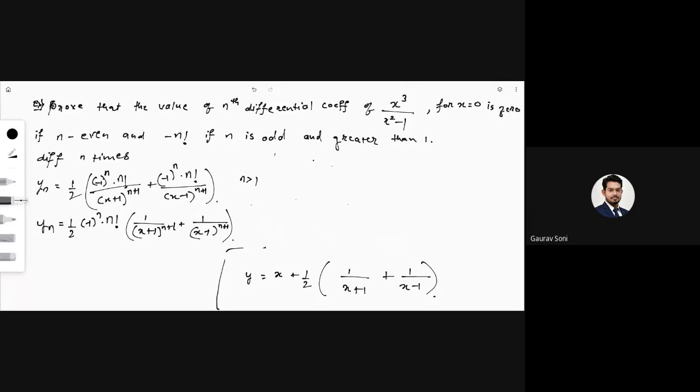So yn at x is equal to 0 is equal to 1 by 2 minus 1 raised to n factorial in bracket 1 upon 1 raised to n. No matter what this n is, this will become 1, plus 1 upon minus 1 raised to n plus 1.